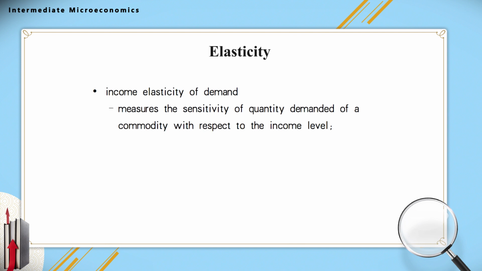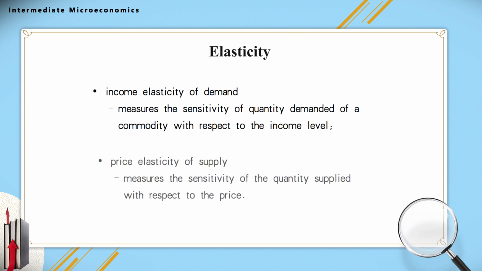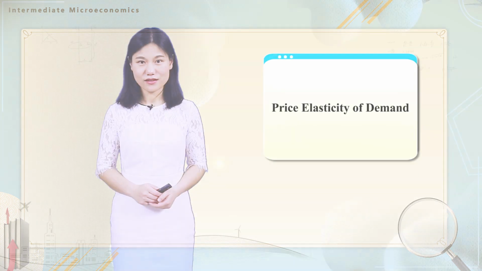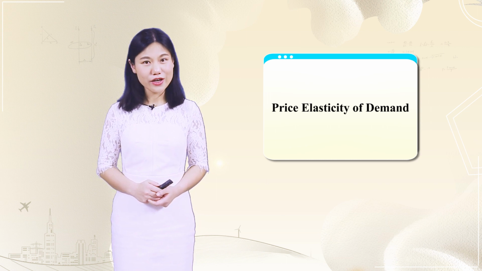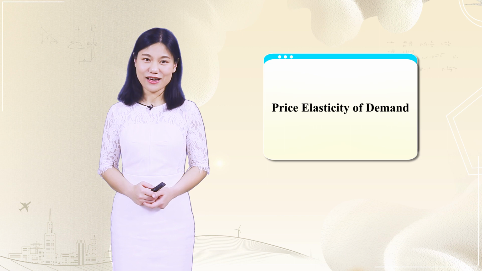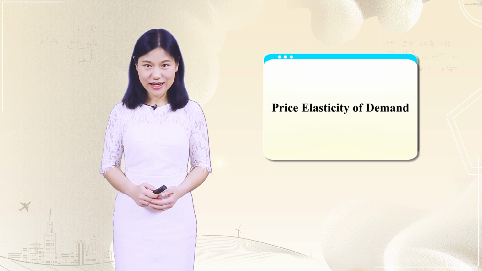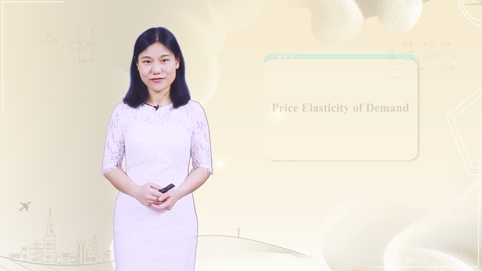For example, income elasticity of demand measures the sensitivity of quantity demanded of a commodity with respect to the income level. Price elasticity of supply measures the sensitivity of the quantity supplied with respect to the price. In this lecture, we will focus on a very commonly used elasticity, price elasticity of demand.